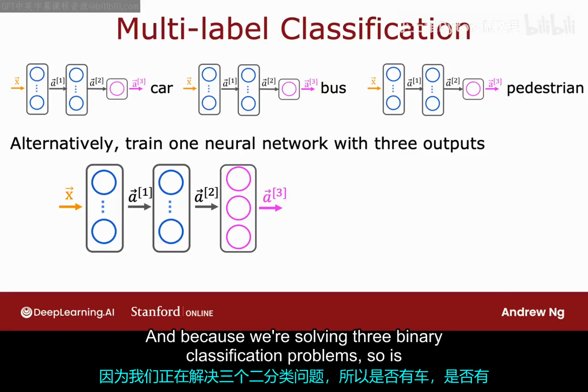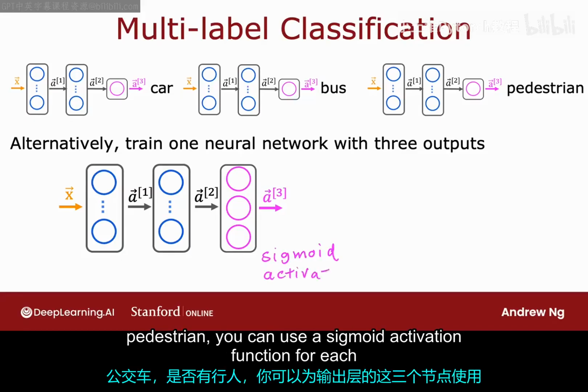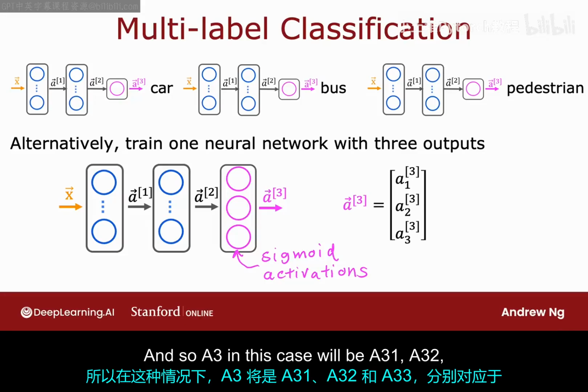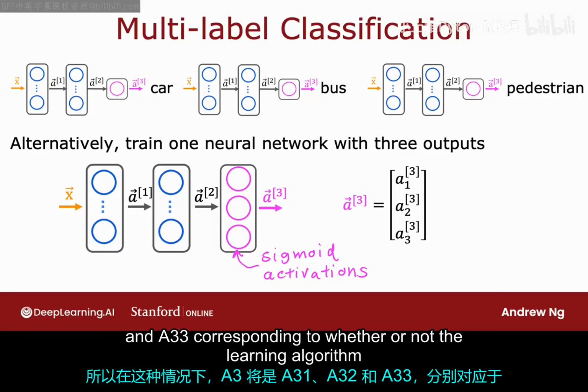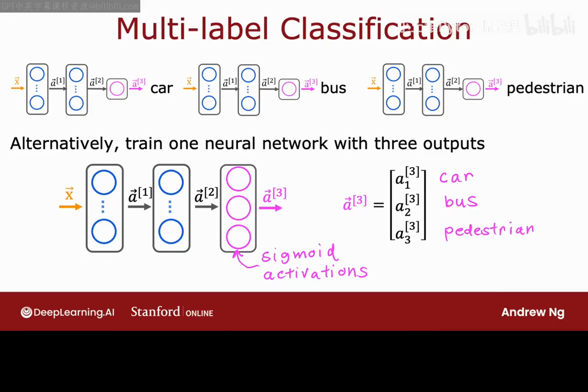And because we're solving three binary classification problems, so is there a car, is there a bus, is there a pedestrian, you can use a sigmoid activation function for each of these three nodes in the output layer. And so A3 in this case will be A3_1, A3_2, and A3_3, corresponding to whether or not the learning algorithm thinks there's a car and or a bus and or pedestrians in the image.